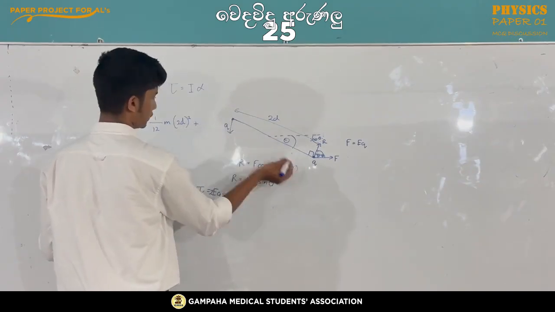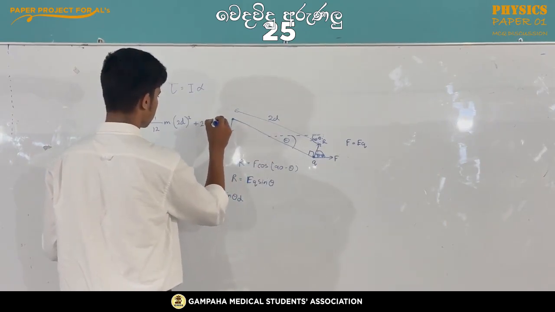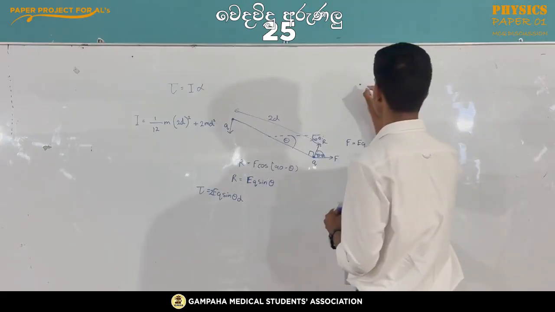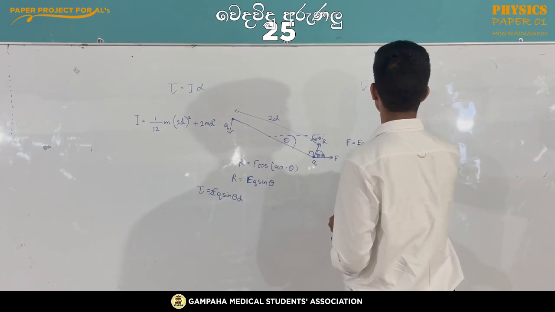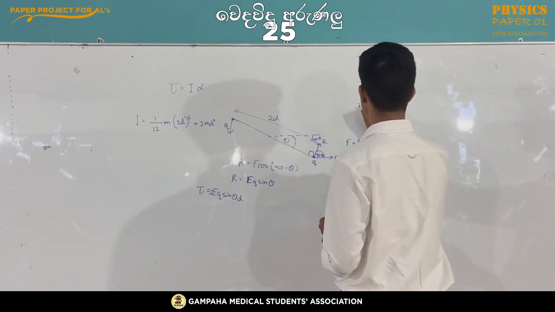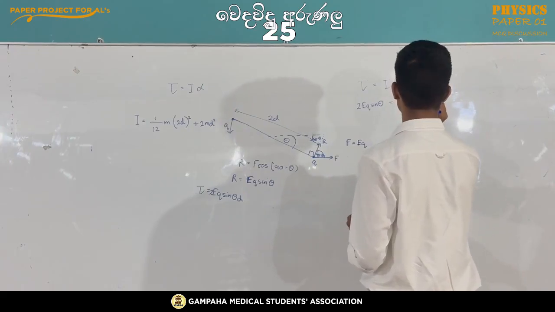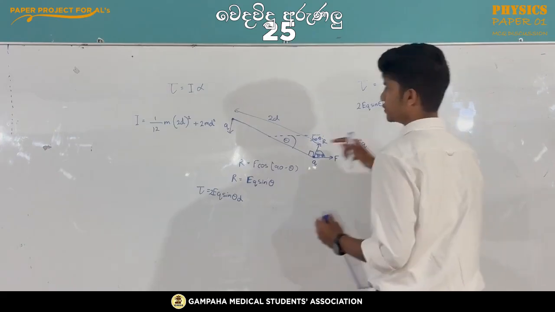So then the moment of inertia due to the point charges is 2md squared. Then we can substitute those values in this equation. Here this should be capital M.